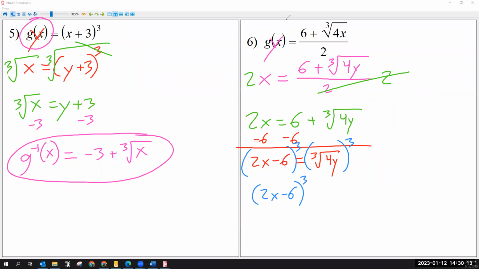We're going to leave it just like that. Over here, the 3 and the cube root cancel out, and I get 4y. And then we're really to our last step, because the last step is really just to divide by 4. So that right there is my answer. Say, okay, we start off with g, so g negative 1x equals that right there.